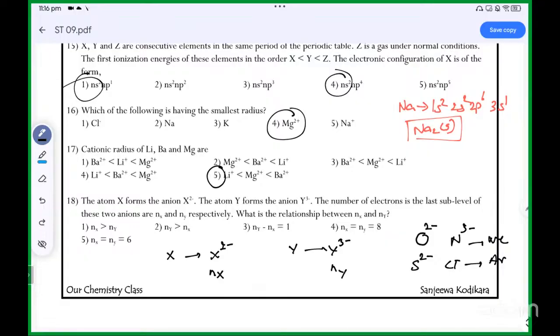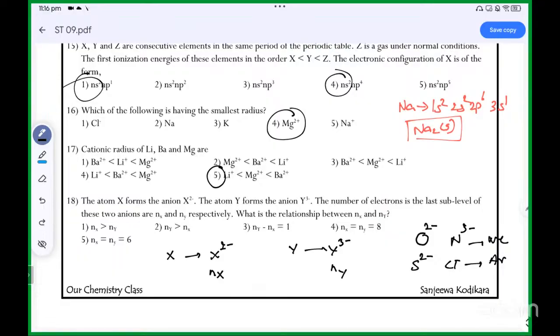So we have to assume that X and Y are in the same period, and we have been asked about the electronic configuration of these anions. The electronic configuration of these anions should be equal, and the last subshell should be P, not D, right? P is having 6 electrons because the noble gas configuration is ns2 np6.